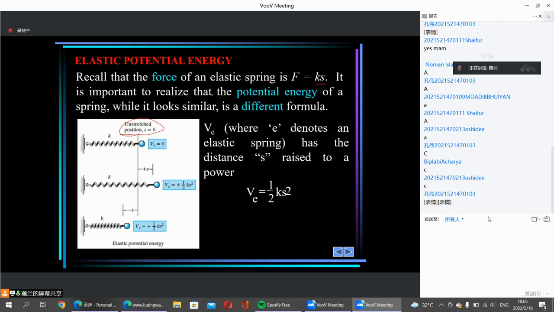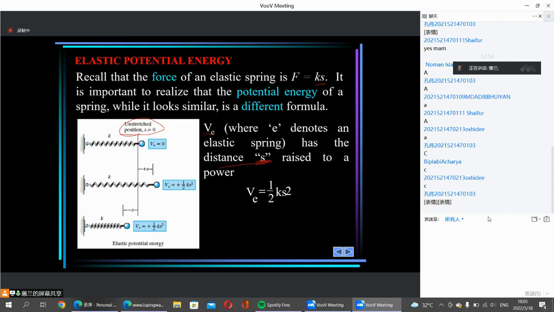It is important to realize that the potential energy of a spring, while it looks familiar, is a different formula. V_E, we use big V to indicate its potential energy, the subscript E to indicate the elastic spring, which has a distance S, measured from the unstretched position.